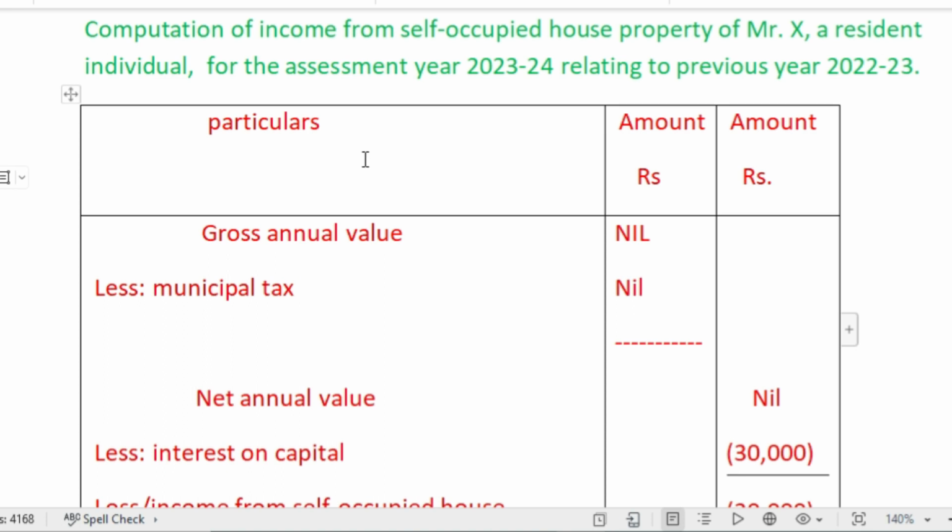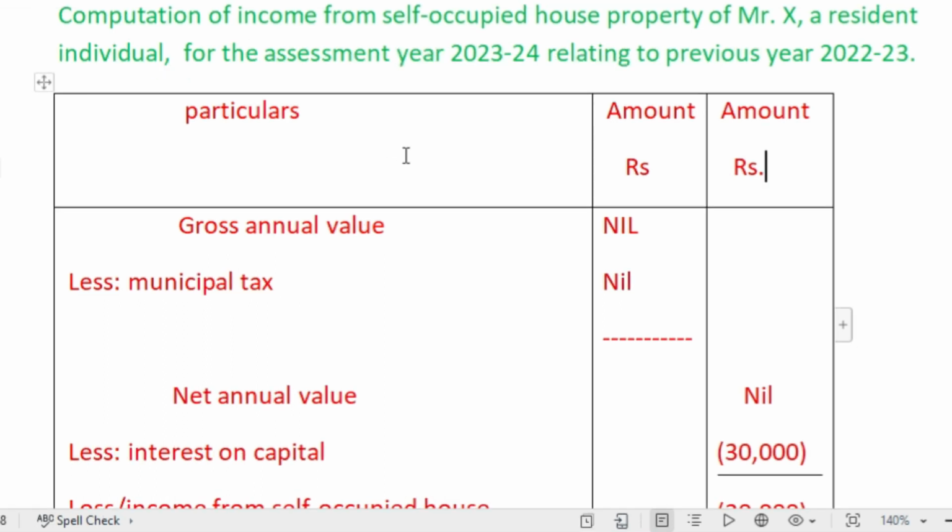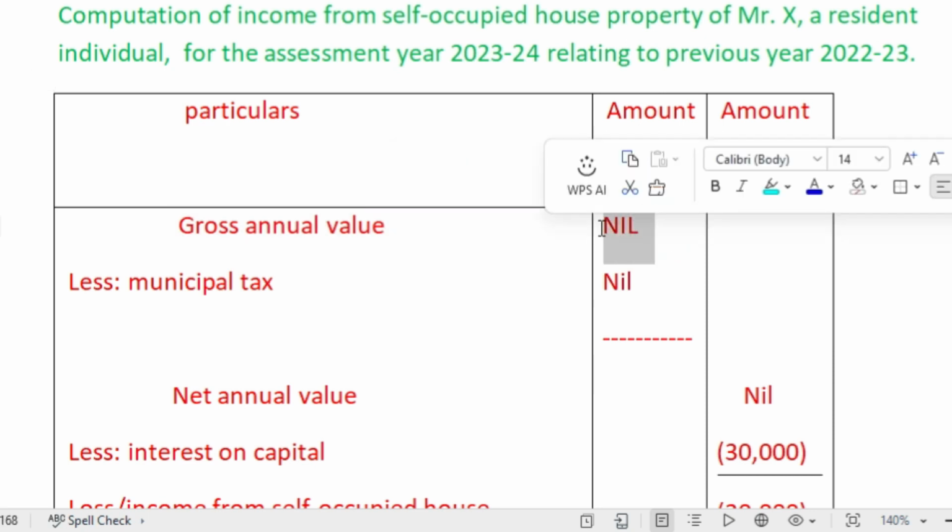Now you see in the question that all the values are given: fair rental value, municipal value, standard rent under Rent Control Act. But if the house is self-occupied, then the gross annual value will always be taken as nil, because this is exempted.